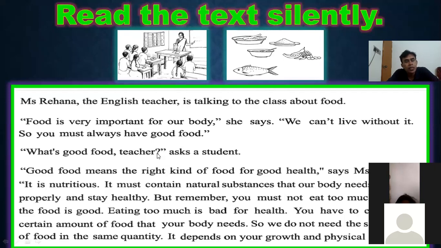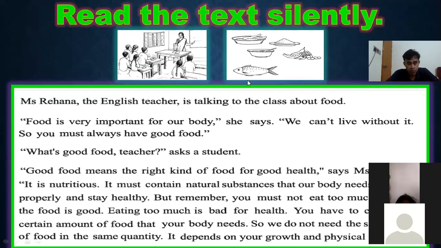Again, please, what is good food? Good food means the right kind of food, proper kind of food that must be nutritious, that must contain natural elements or substances, what our body needs, what our body requires to grow properly and stay healthy.